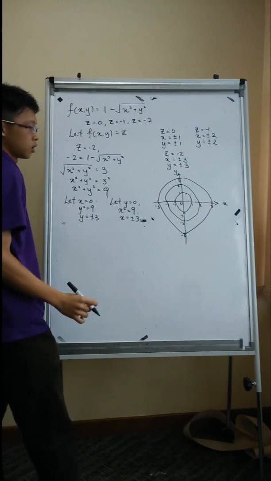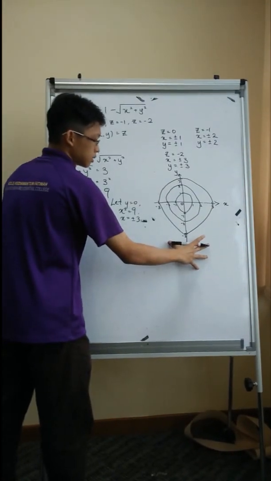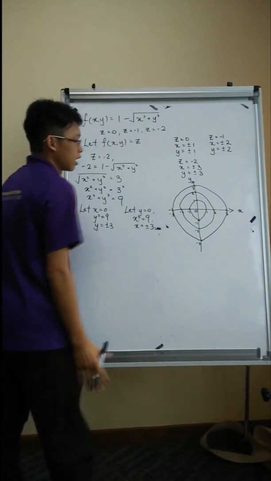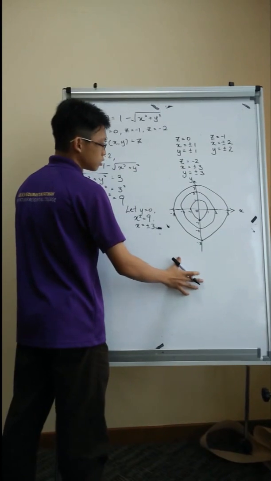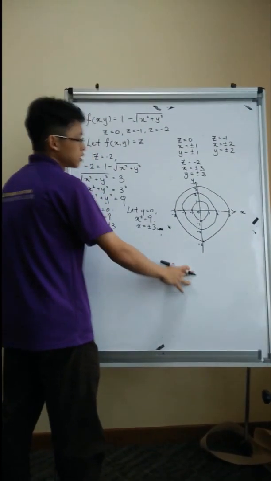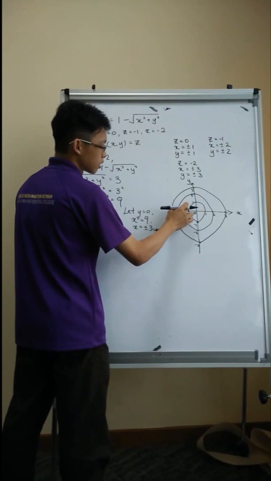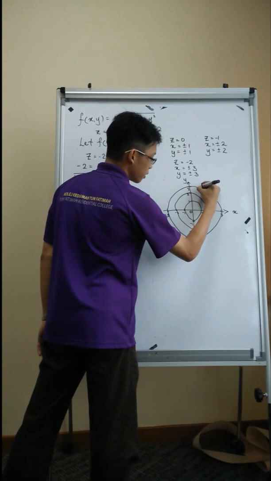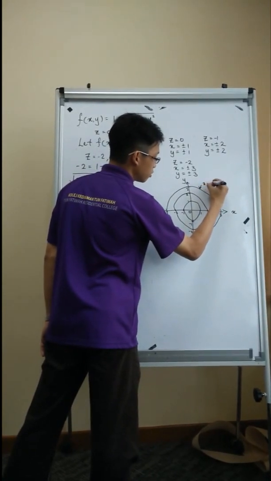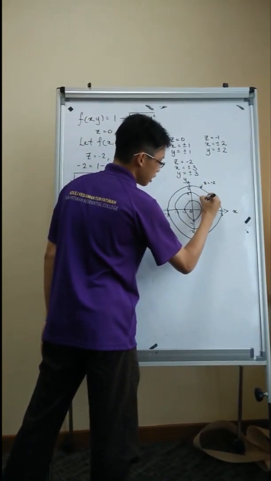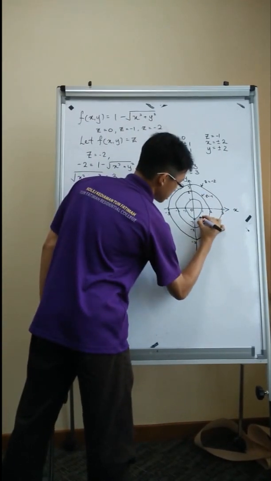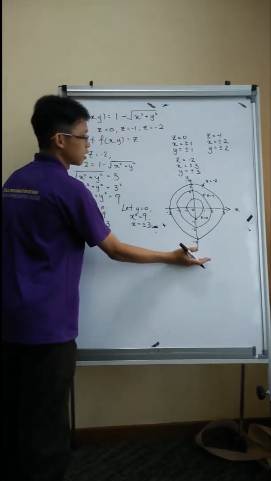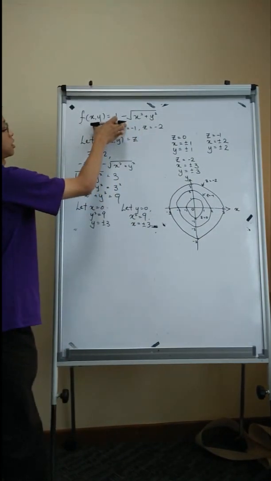Okay, after we draw all the points and draw the lines, we state the value of each level. So from this point, z equal to -2, this is z equal to -1, and z is equal to 0. So this is the contour level of this function.